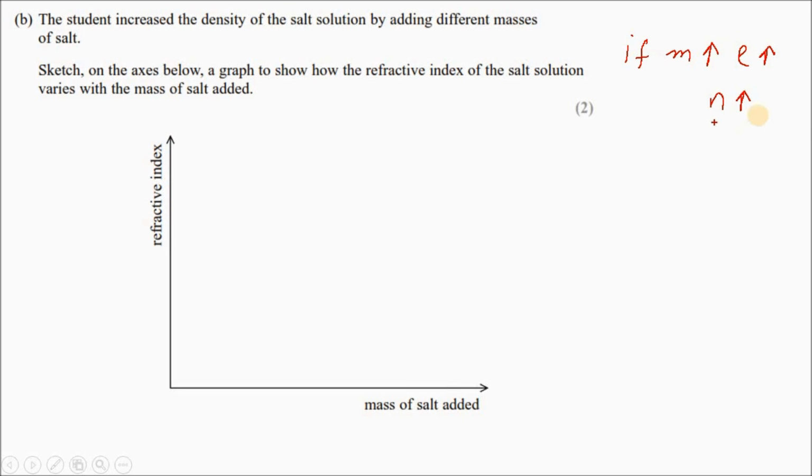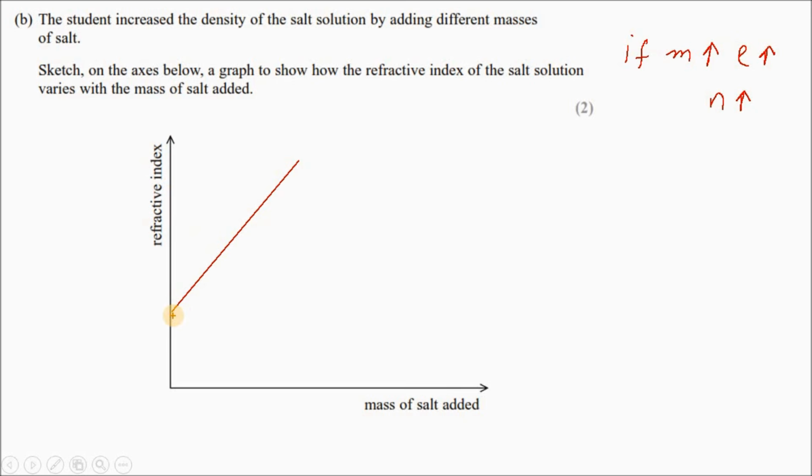So you can draw or sketch a straight line with positive gradient. So a straight line with a positive gradient, something like this. But remember, the line should not pass through origin.